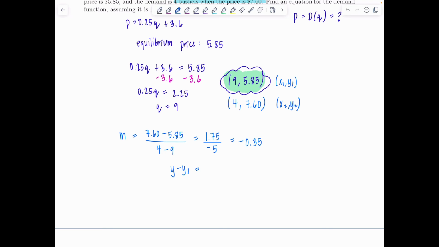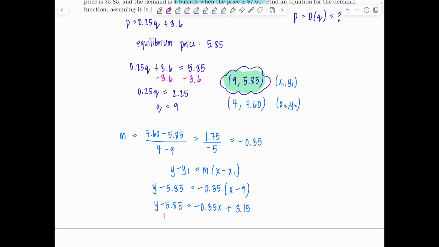And then I'm going to put it all together in point slope form. So y minus y1 equals m times x minus x1. And I'll just use whichever point. Let me use 9, 5.85. So y minus 5.85 equals negative 0.35 times x minus 9. So y minus 5.85 equals negative 0.35x plus negative 0.35 times negative 9 is positive 3.15.